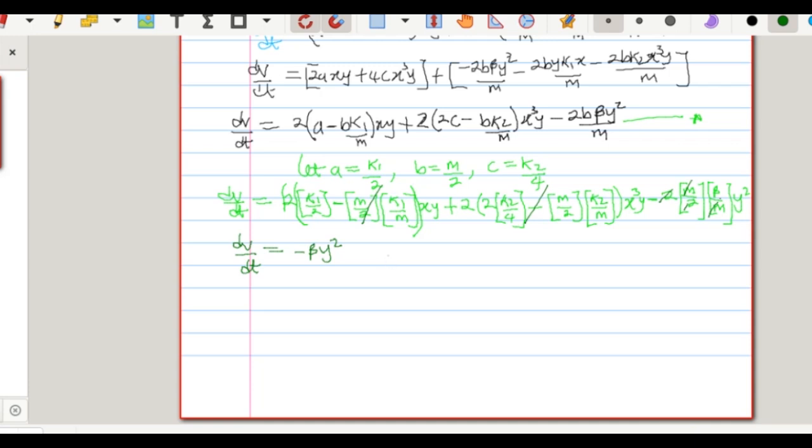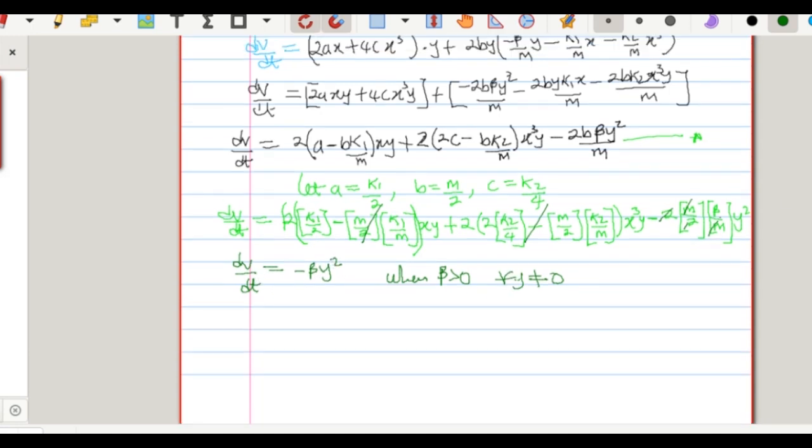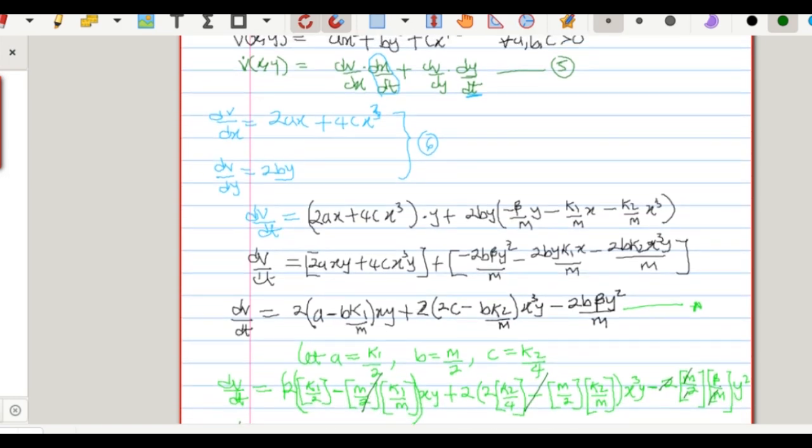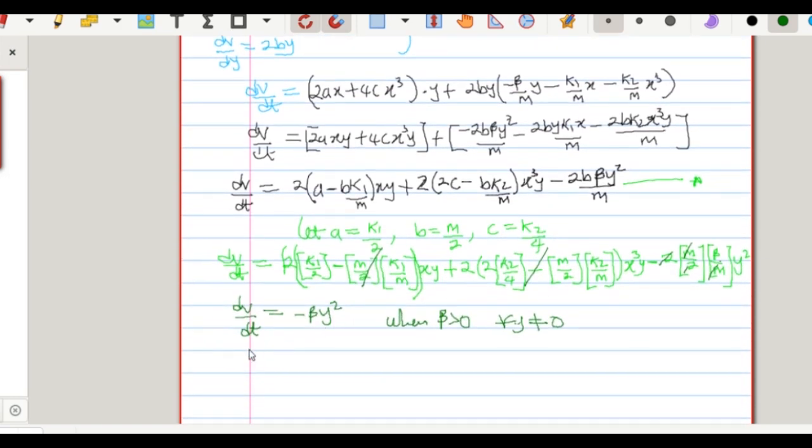That is for when beta is greater than 0 and for all y not equal to 0. So now we have the value of this. Let's go back to our V, equation 4.